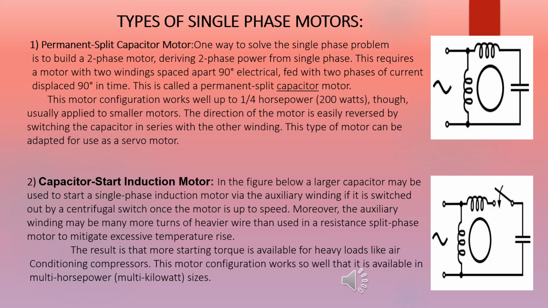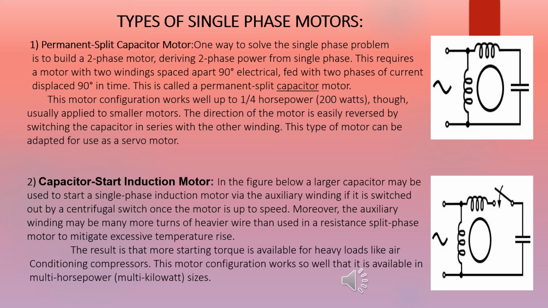You see that sinusoidal wave next to the winding; that is the main winding. The other winding with the switch is the auxiliary winding, and a capacitor is connected to the auxiliary winding. So when you connect the switch, the capacitor will be activated and it will be responsible for creating the motion.